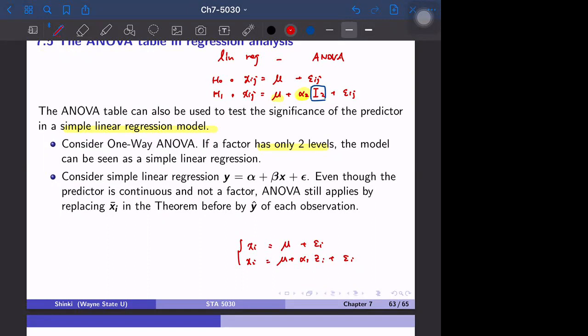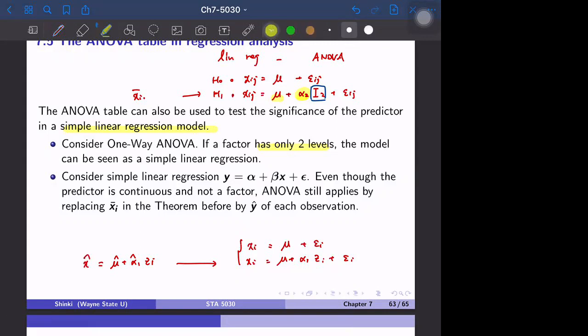In the ANOVA model, under H1, the fitted value for the i-th group is the group mean, x_i bar dot. But here, the fitted value is mu hat plus alpha hat times z_i, usually called y hat, or in this notation x hat.